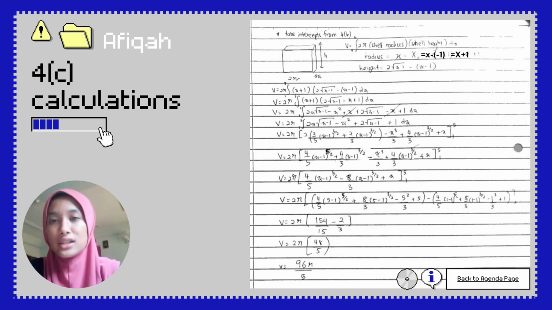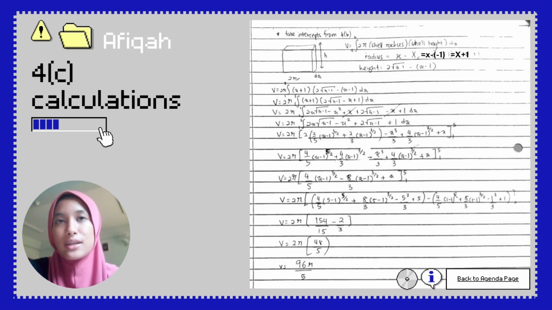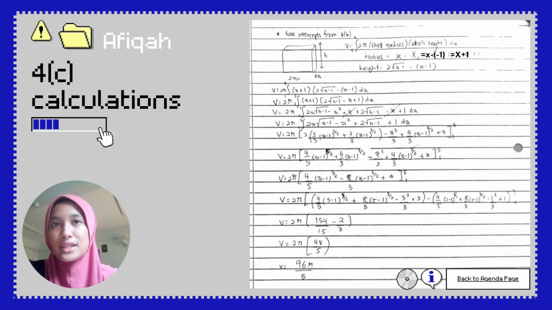So we expand, and the first step is V equals 2 pi integral from 1 to 5 of 2x square root x minus 1 minus x squared plus 2 square root x plus 2 square root x minus 1 plus 1 dx.